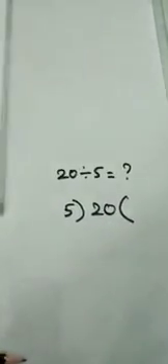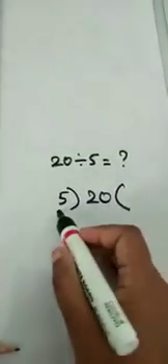How? Let us do it here. 20 divided by 5 equals dash. In the 5 table, 20 will come. Yes, 5 fours are 20.